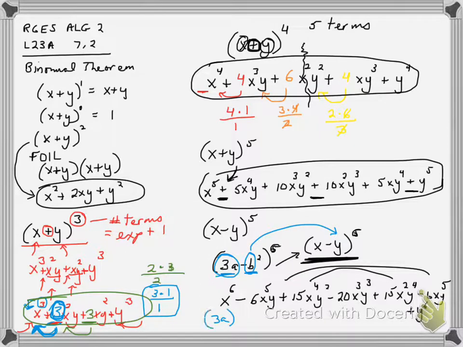3a to the sixth power minus 6 times 3a to the fifth power b. See what I'm doing? I'm plugging in 3a for every x and b for every y, plus 15 times 3a to the fourth power b squared minus 20 times 3a, unfortunately I'm running out of room, to the third power b to the third power.